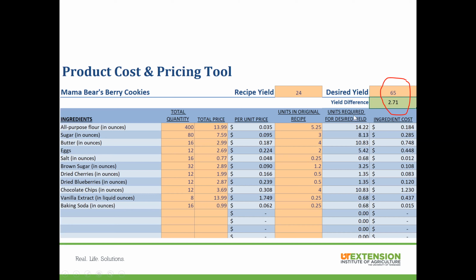And as you can see in this blue column here under units required for desired yield, it's increased the number of ounces of each one of these ingredients, so we can look at that and determine whether we need to go buy some more of a particular ingredient before we start making the recipe.